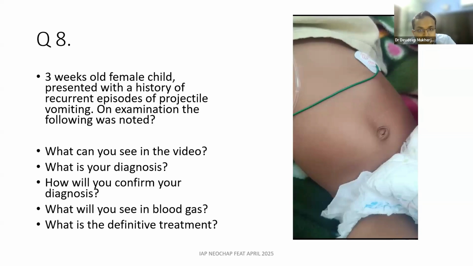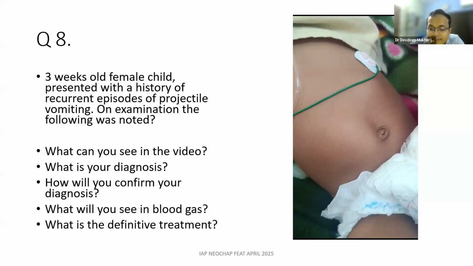Yeah. So good, you see the length and the thickness. And what is the definitive treatment? Okay, good. So yes, pyloromyotomy.